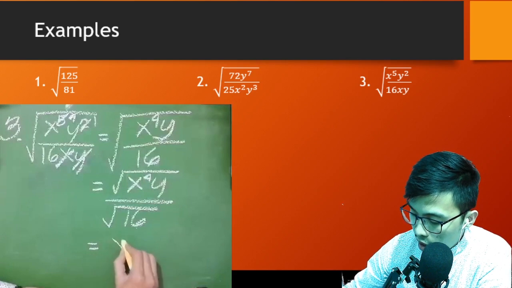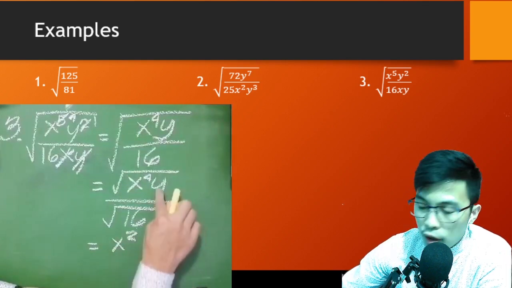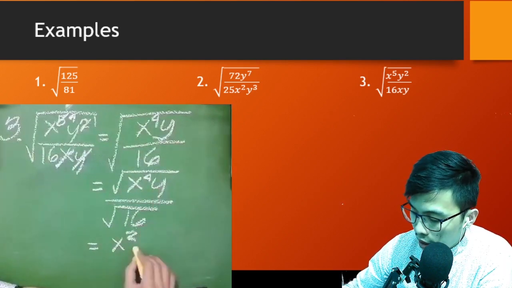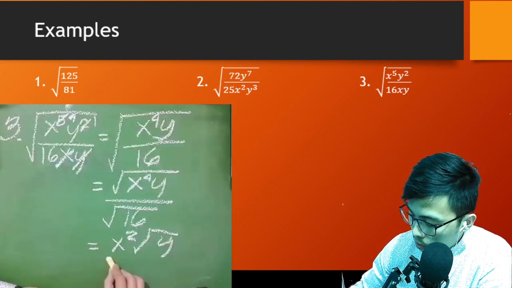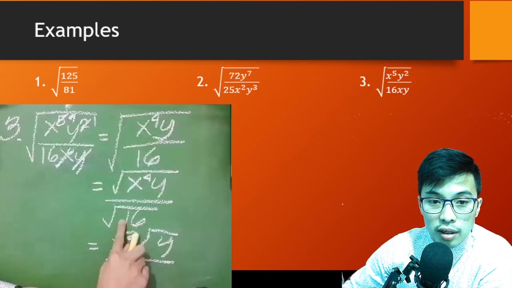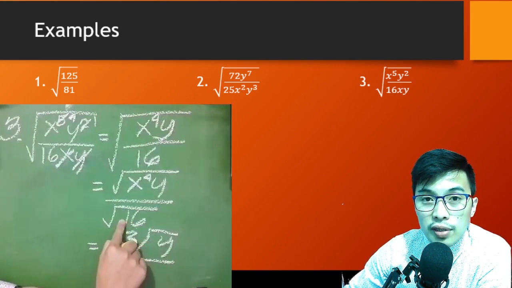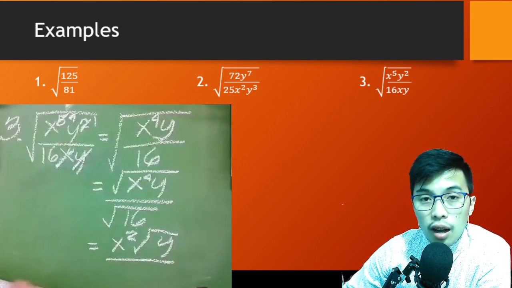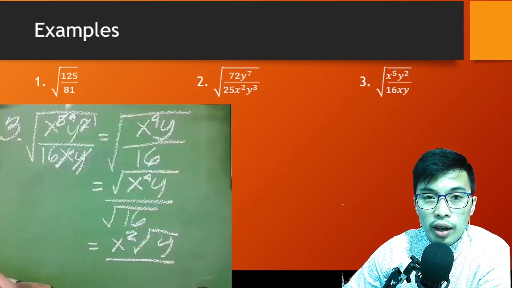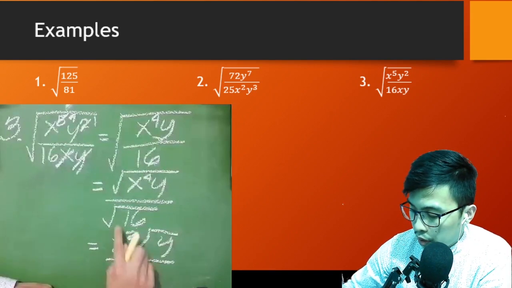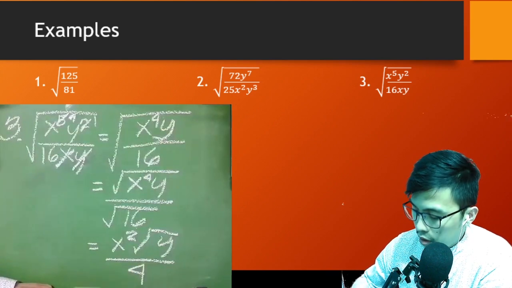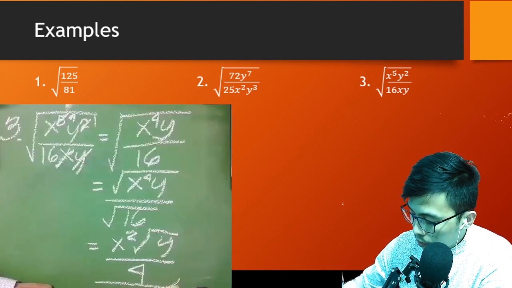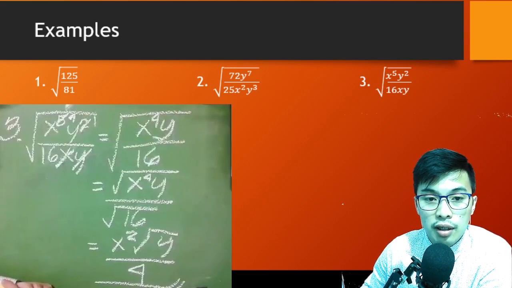That is simply x raised to the power of 2. Y will remain here because that's the perfect square, divided by square root of 16. And square root of 16 is a perfect square, or a square number, which is 4. Okay, so therefore, this is already the final answer.